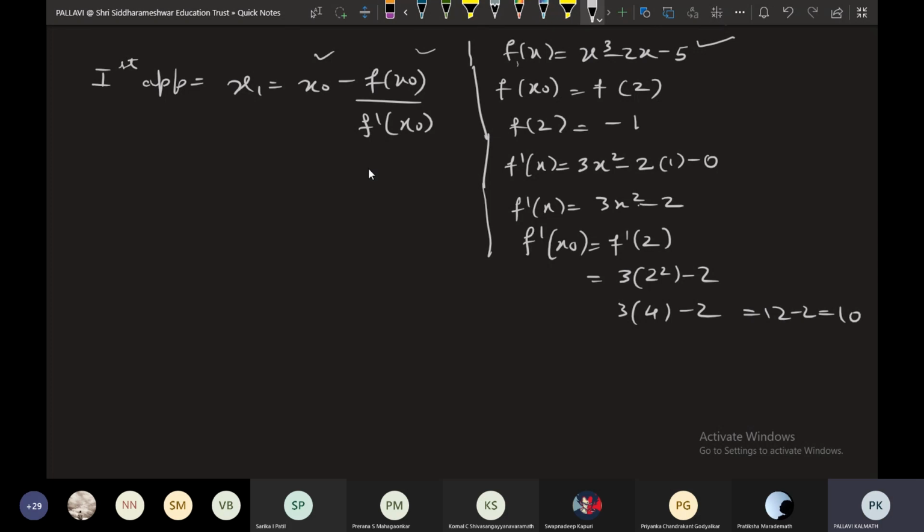Understood? So after getting all these values, you can substitute here. Therefore, write down x1 equals x naught minus f dash. Ma'am, can I ask a question again? Yes. F dash x is the differentiation of f x, no, ma'am?